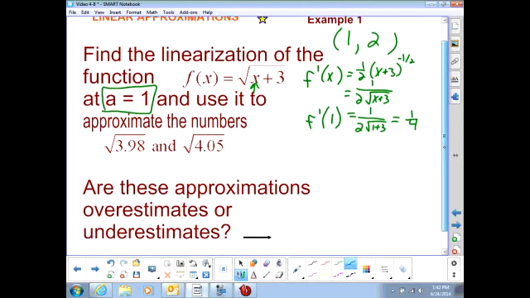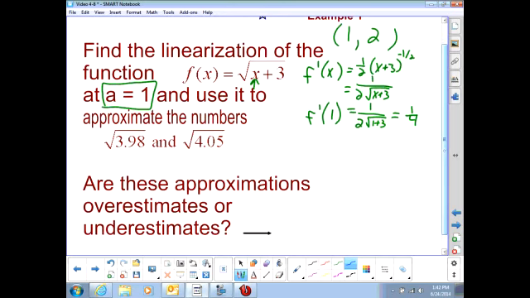What this does is it allows us to do point-slope form now. We will have y minus our y value of 2 equals our slope 1/4 times x minus our x value of 1. Distributing the 1/4, we get y minus 2 equals 1/4 x minus 1/4.